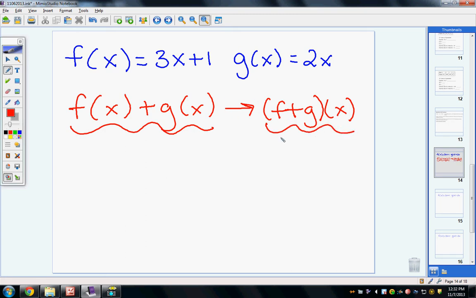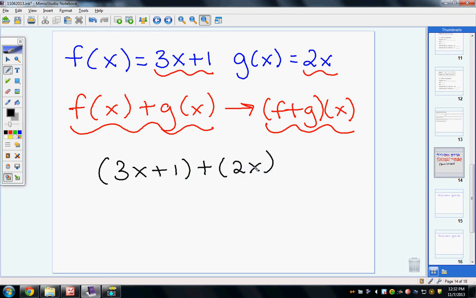same thing. Okay, so what this means is you're going to take the function f of x, which is 3x plus 1, and add it to the function g of x, which is 2x. So that means we are going to say 3x plus 1 plus 2x. This is f of x, the 3x plus 1, and then we add it to the g of x, which is simply 2x.